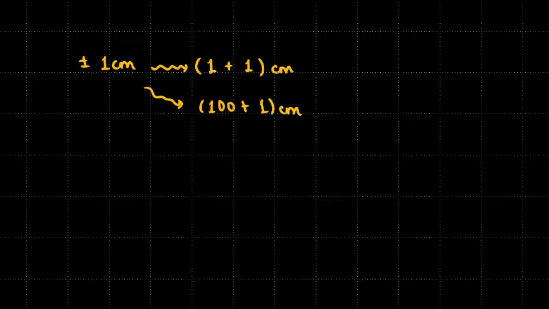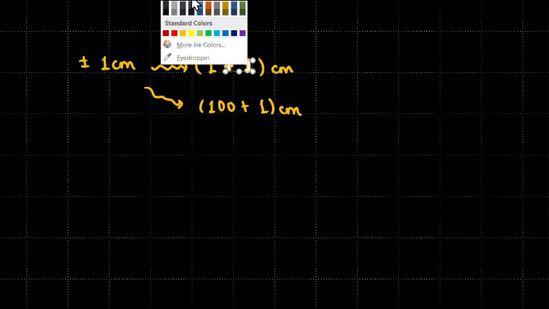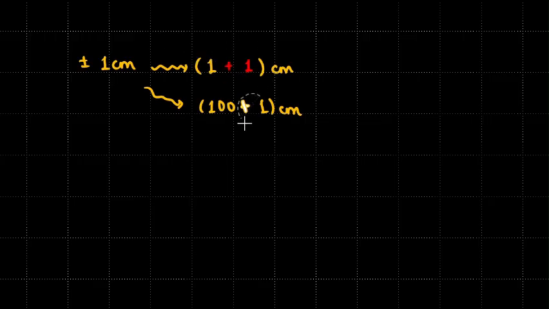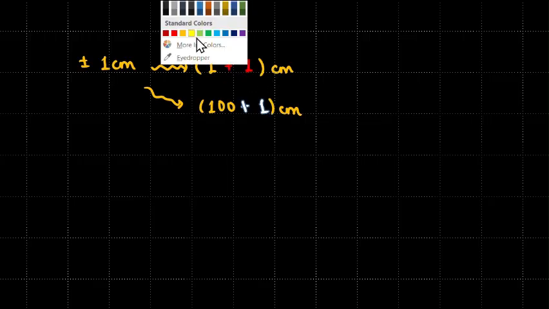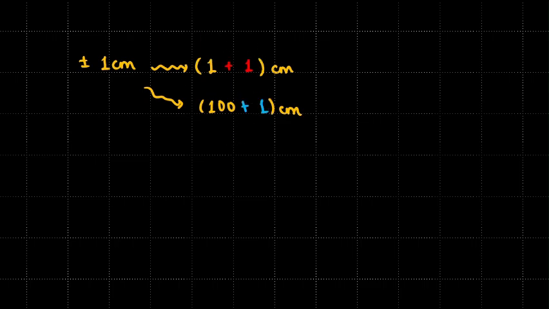In this case, think about it. Here the plus 1 plays a much more significant role, which I'm going to show in red, than this one. This one shows a much less significant role, since 100 is a bigger value, and if this value goes on being bigger, you will see that it will be much more scary.